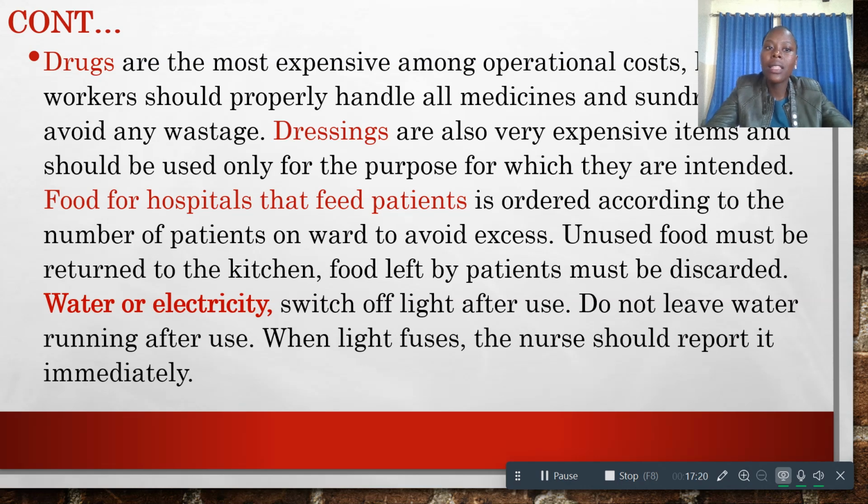So as you are at that facility, at that ward, make sure that you handle all the drugs properly, and also the sundries, to avoid any wastage. When I talk of hospital sundries, I mean things like the NG tubes, the gloves, the syringes.